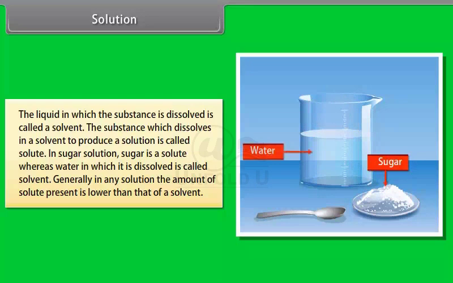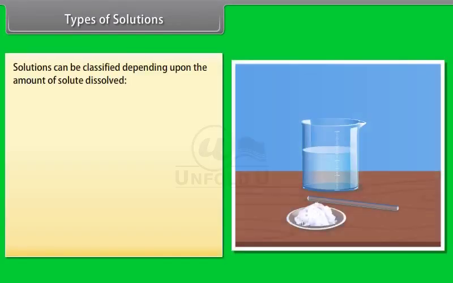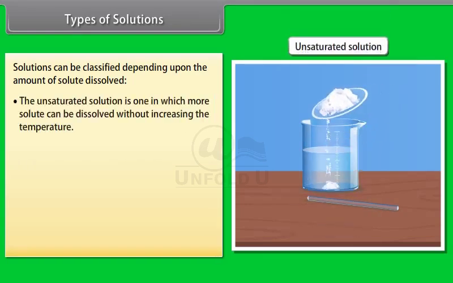Generally, in any solution, the amount of solute present is lower than that of a solvent. Types of solutions. Solutions can be classified depending upon the amount of solute dissolved. The unsaturated solution is one in which more solute can be dissolved without increasing the temperature.